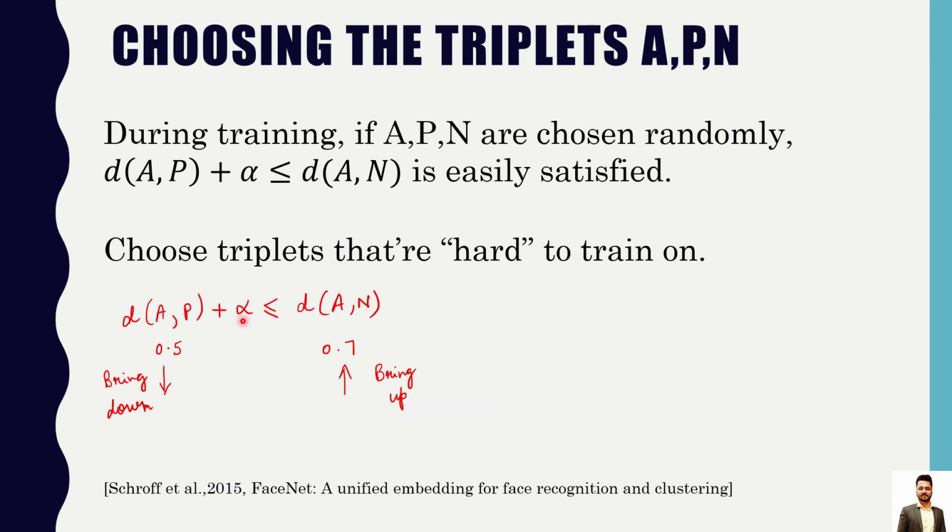If the margin has to be 0.25, then you have to bring this to 0.45, then only you have a difference of 0.25, or you can bring this number up to 0.75 and the difference will be 0.25. So this alpha will play an important role in the training of triplet selection.